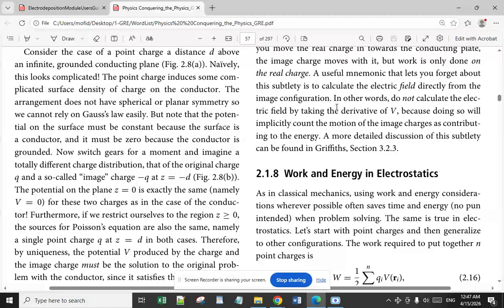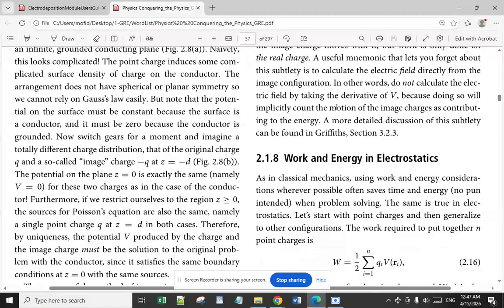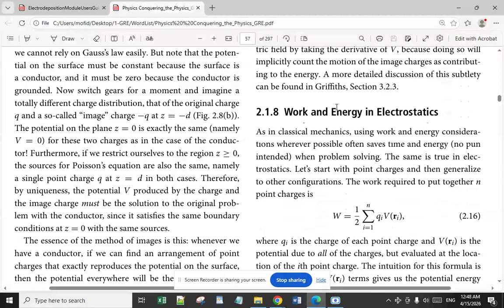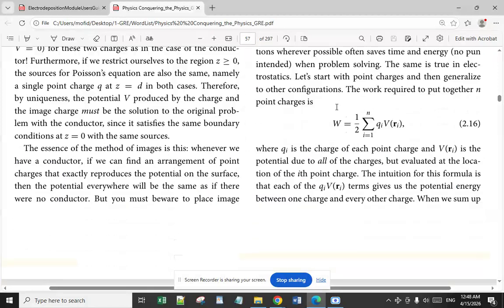Furthermore, if we restrict ourselves to the region z greater than or equal to 0, the sources for Poisson's equation are also the same, namely a single point charge q at z equals d in both cases. Therefore, by uniqueness, the potential V produced by the charge and the image charge must be the solution to the original problem with the conductor, since it satisfies the same boundary condition at z equals 0 with the same sources.